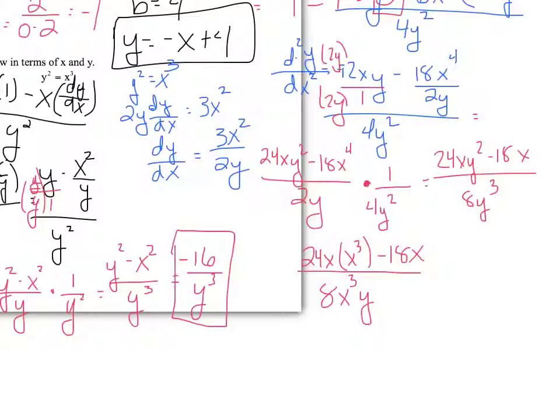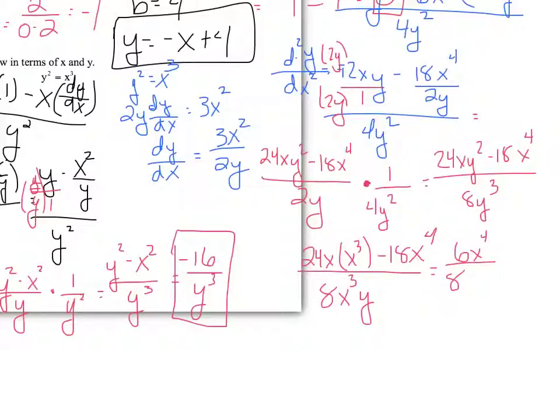I'm sorry, I see that over here, go back for 1 second, 18x to the 4th. I did drop my 4th, so I just need to go back and replace that. So that's really 18x to the 4th there in those two pieces. Now 24x times x cubed is 24x to the 4th minus 18x to the 4th is just 6x to the 4th.